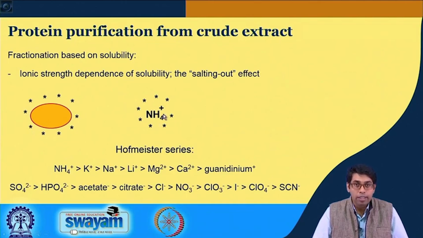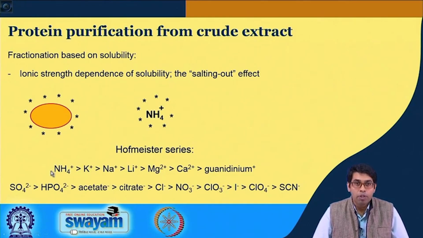If we dissolve an ion at a sufficiently high concentration, then this ion will also have a hydration shell, and if the concentration of this ion keeps on increasing, then water molecules which were previously free will keep on moving into these hydration shells, so that less and less water molecules will be available around the protein, which increases the nonpolar interactions between two protein molecules. And the result will be that once these protein molecules interact through their nonpolar interactions, they can start precipitating out.